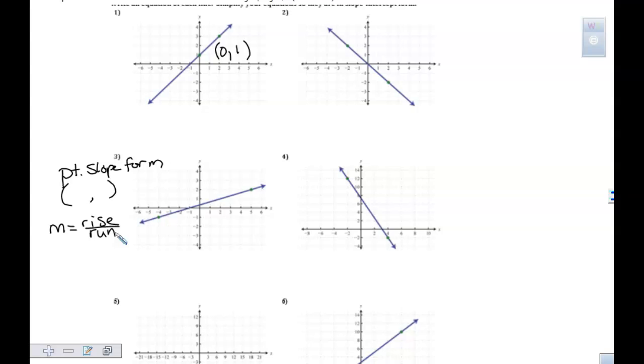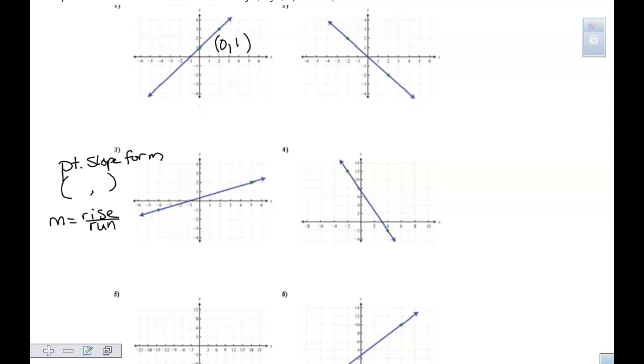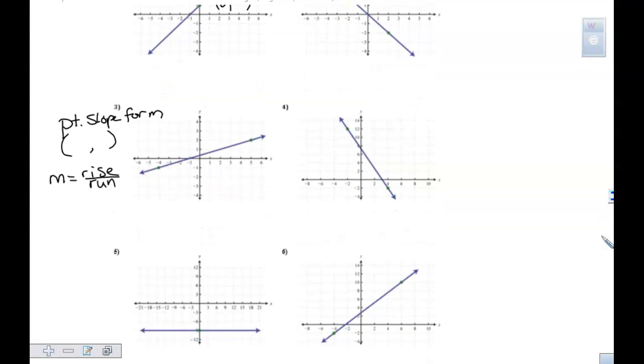Because these are going by 2s, it kind of looks like maybe it could be 7, but it could be 7.5, it could be 7.25, I don't know, right? So I'm going to use point slope for those 2. Whereas for questions 1, 2, and 5, I would definitely use slope intercept. 1, 2, 5 are beautiful slope intercepts.